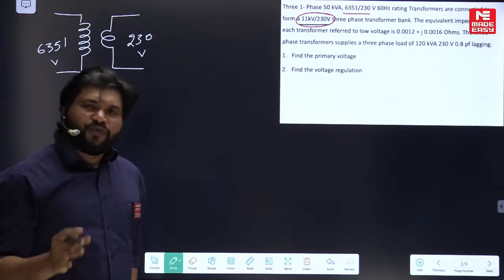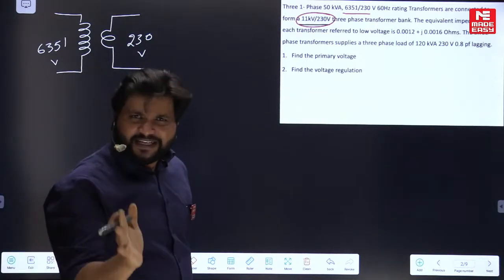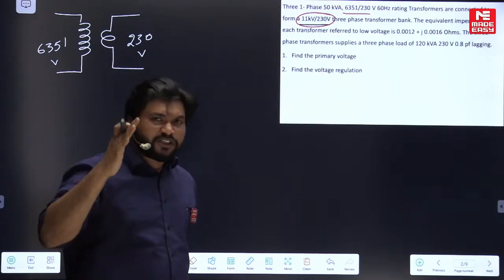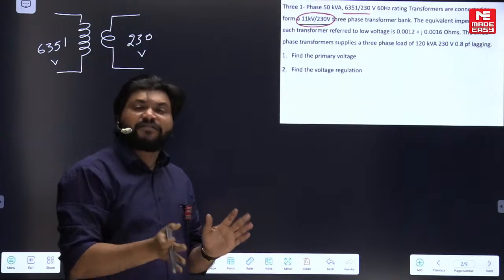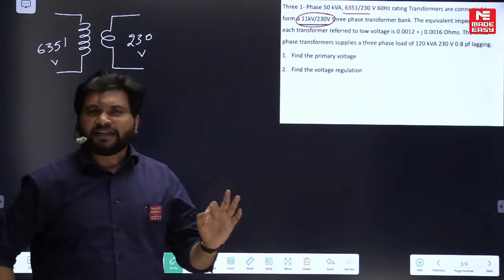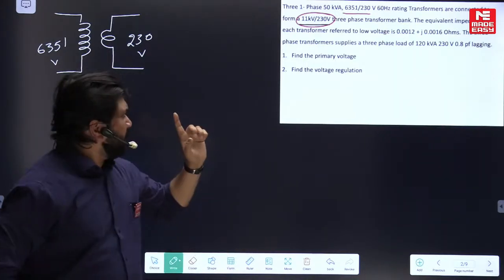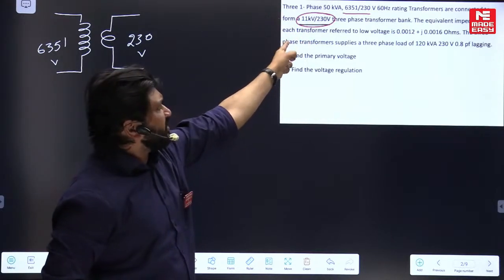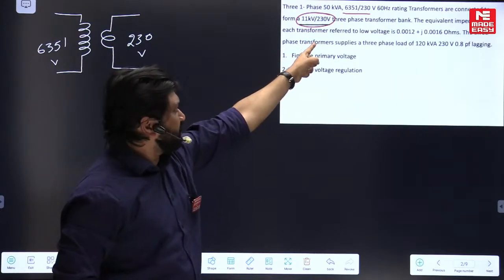Wherever you hear 33 kV, 11 kV, these are all line voltages only. Unless it is specified very clearly in the question that they are phase voltages, you should by default take them as line voltages. That 11 kV is a line voltage, 230 volt is a line voltage. On the top, 6351 is the per phase voltage, and 230 is the per phase voltage.